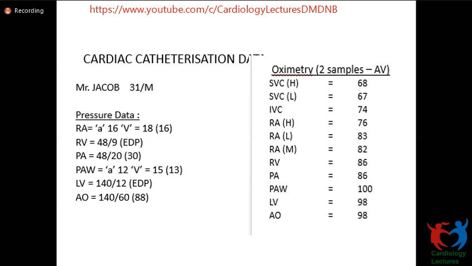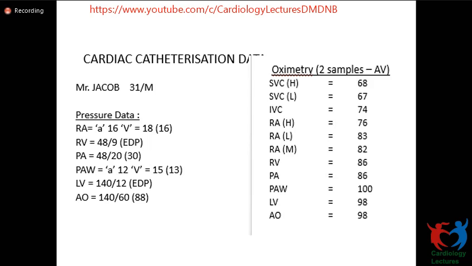Yes, sir. 1-year-old male, 31. The pressure data is like A is 16, V is 18, and V is more than A. And the mean RA pressure is raised, that is 16. RV pressure systolic is 48 and end diastolic is 9.